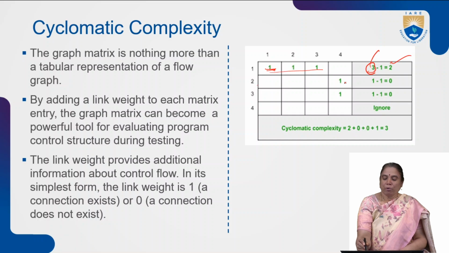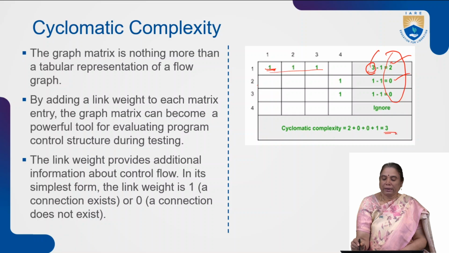In the second row, only one value is there, so the row count total must be 1, and 1 minus 1 is 0. Like that, for each and every row, the row value sum minus 1 is calculated. Cyclomatic complexity is the sum of these row values plus 1.